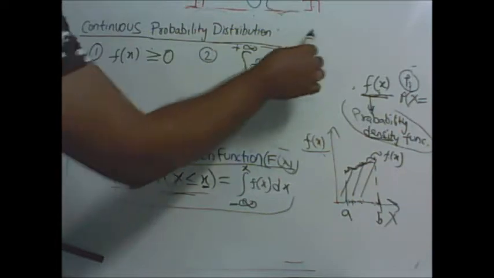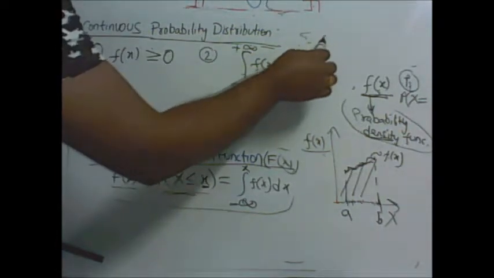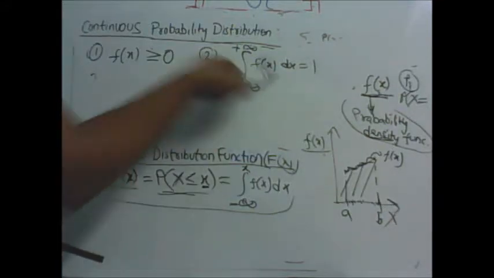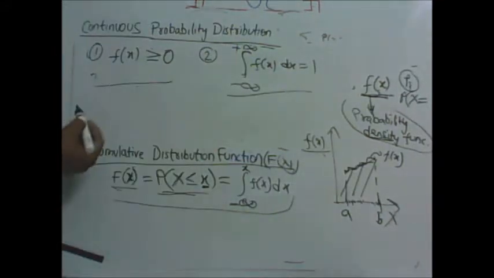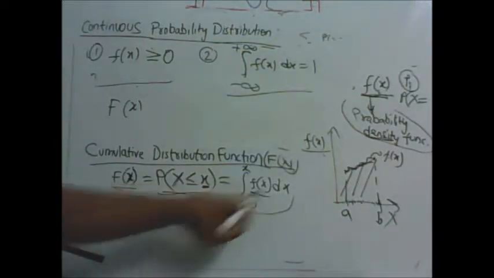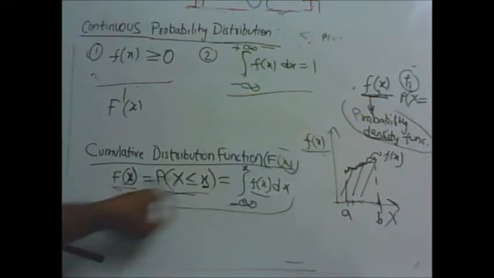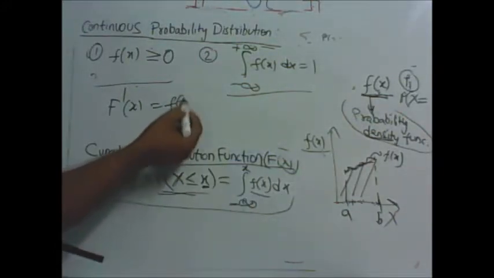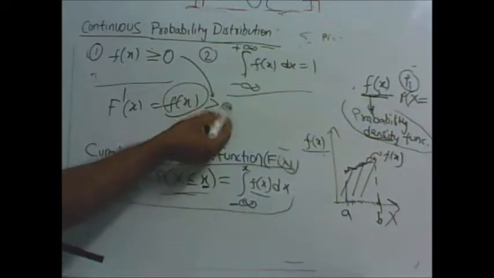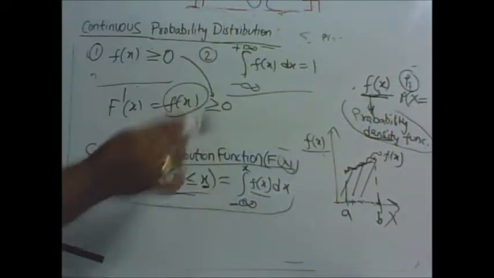In the discrete case, the sum of P of X equal to xi equals 1, as we have written. Similarly here also, F of x is nothing but the integration of f of x. So when we differentiate, F dash x, we will again get f of x. But this f of x is greater than or equal to 0 in all cases.